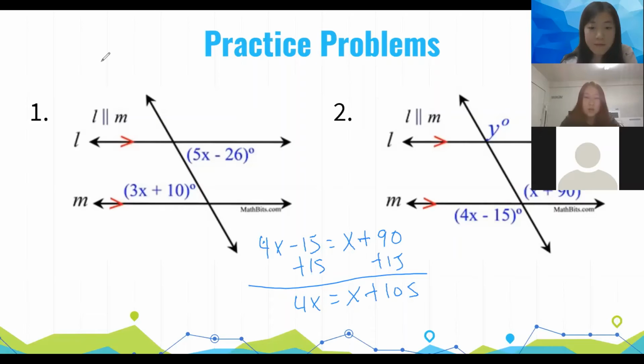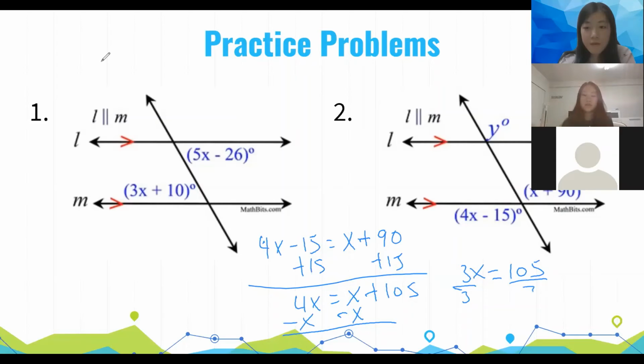And then you can subtract x on both sides. 3x equals 105. Divide by 3 on each side. 35. Yeah, it's 35.